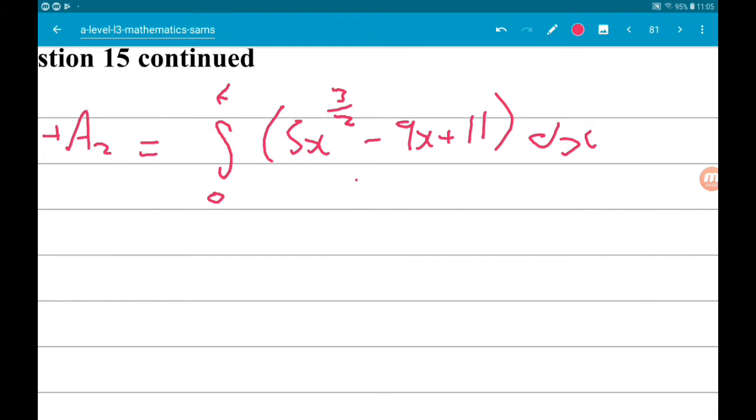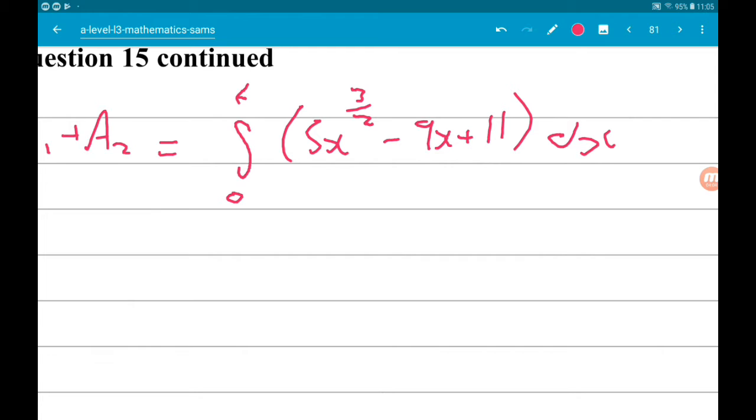Okay, so that is going to give us, right, x to the 3 halves integrates to x to the 5 halves. We divide by the new power. When you divide by a fraction, you flip it and multiply by it. So we're going to get 2/5 x to the 5 halves.